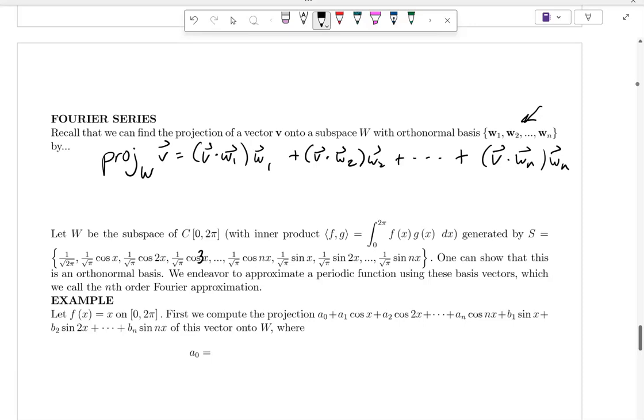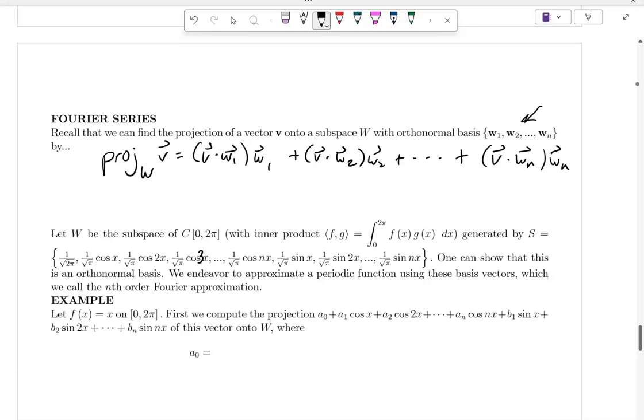So why do I have these constants out in front? Before that, what you can show is that if I do the inner product, remember our inner product for continuous function spaces is an integral of a product, then for any distinct ones that inner product will be 0, not worrying about the coefficients out in front.